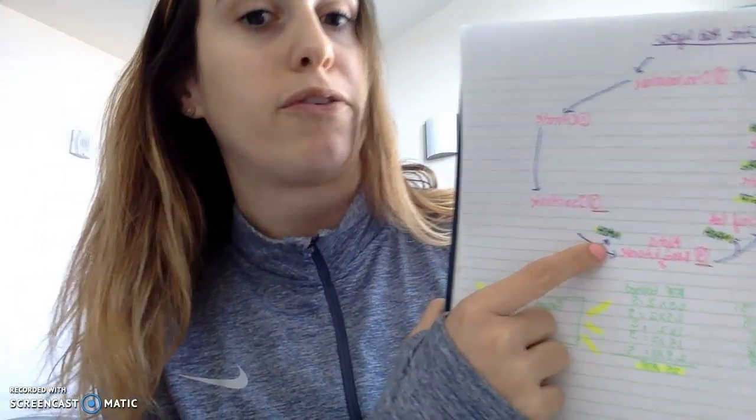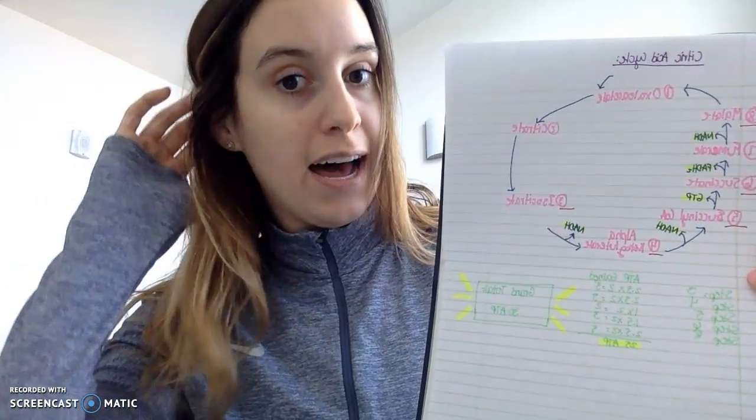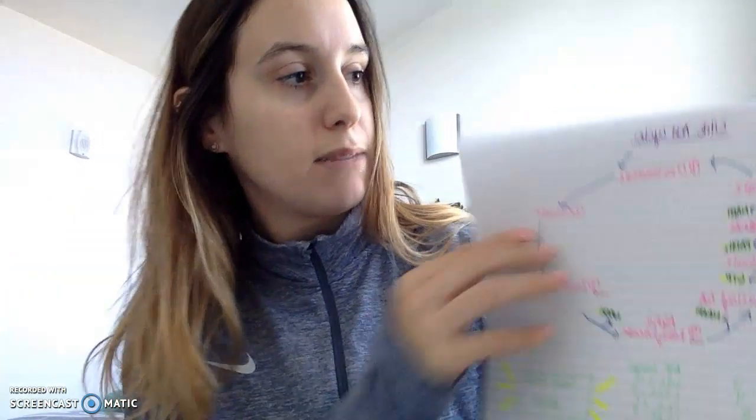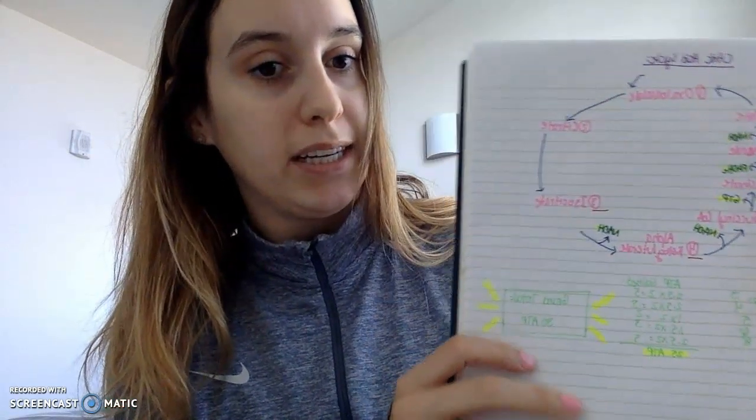Like I stated before, for every NADH produced, there's 2.5 ATPs. Then from here, we go to succinyl-CoA, and another NADH is produced.